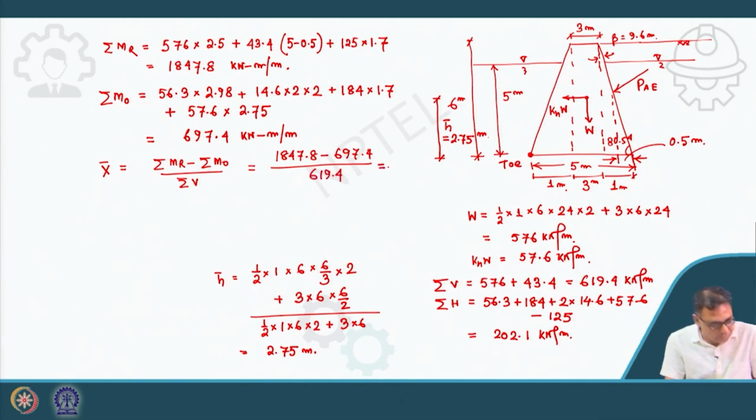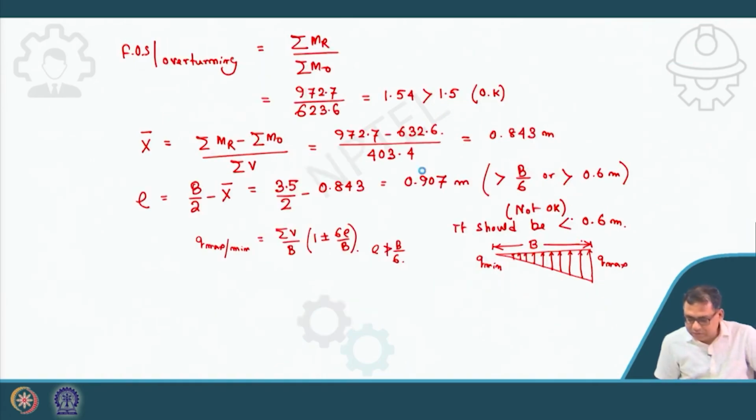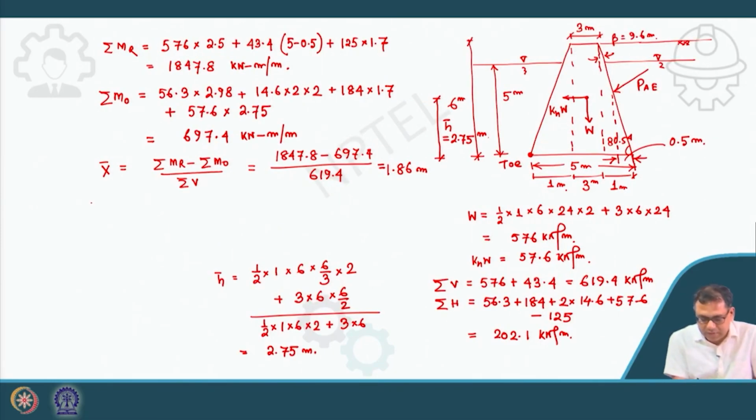So, it is coming out to be 1.86 meter. Initially, in the previous dimension, it was 0.843 meter. Now, it is 1.86. So, E will be B by 2 minus x bar.